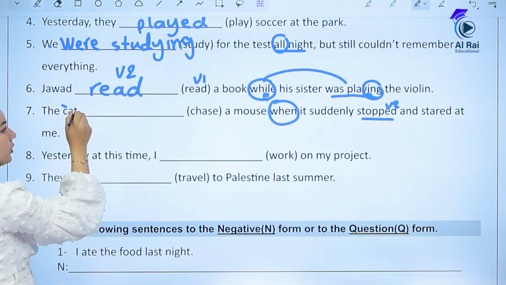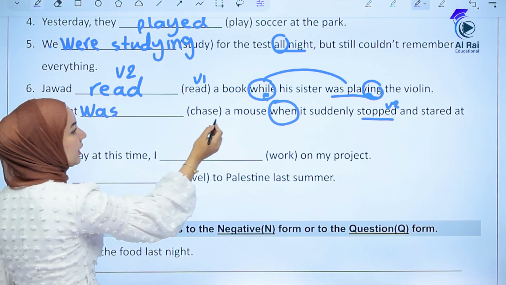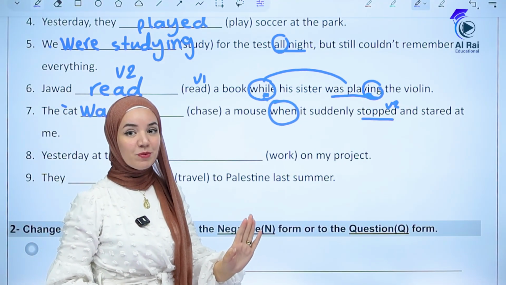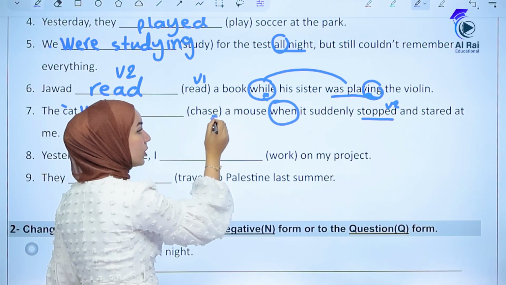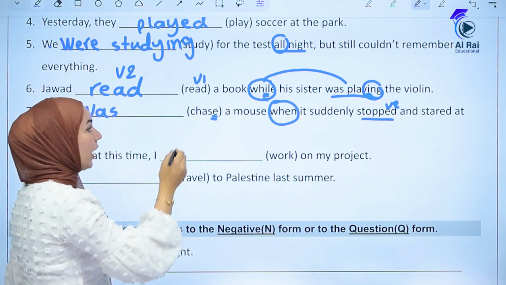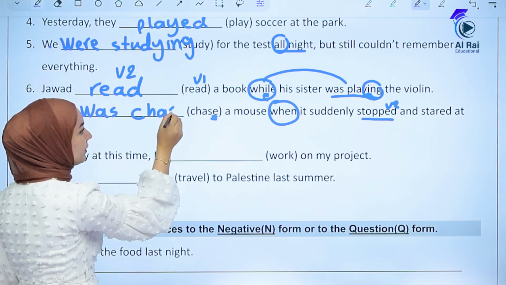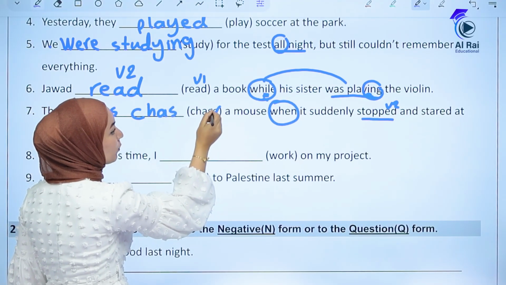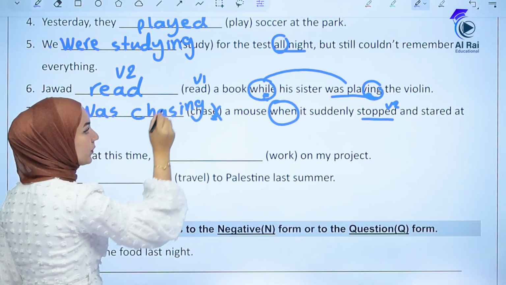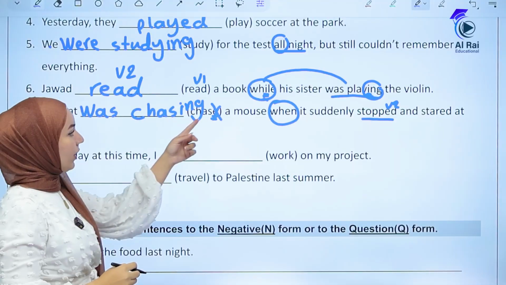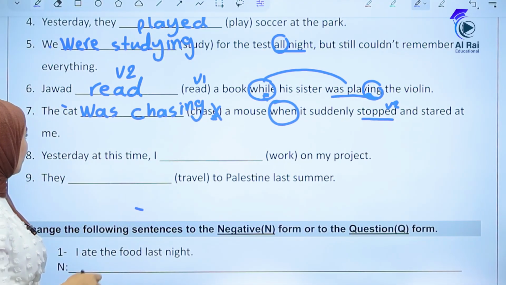So the cat, it's singular, so I need to write was and verb ing. But focus here, please. Here I have a verb that ends with the letter E. When I want to add ing to any verb that ends with the letter E, I need to remove the letter E, then add ing. Good? So if I have E, remove it, then add ing.